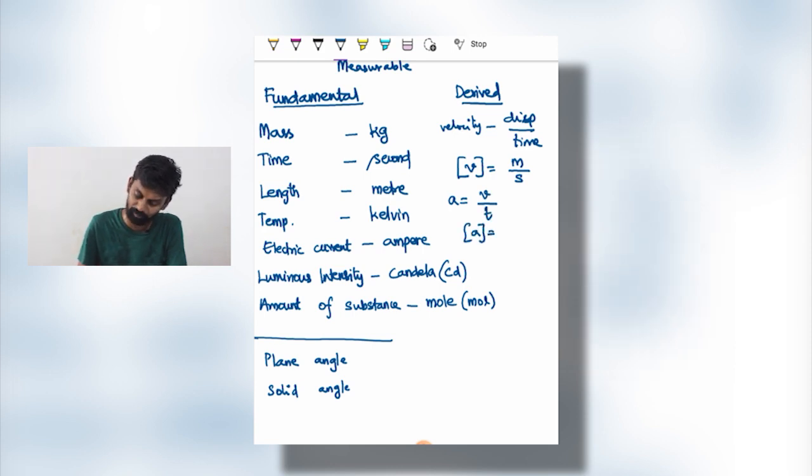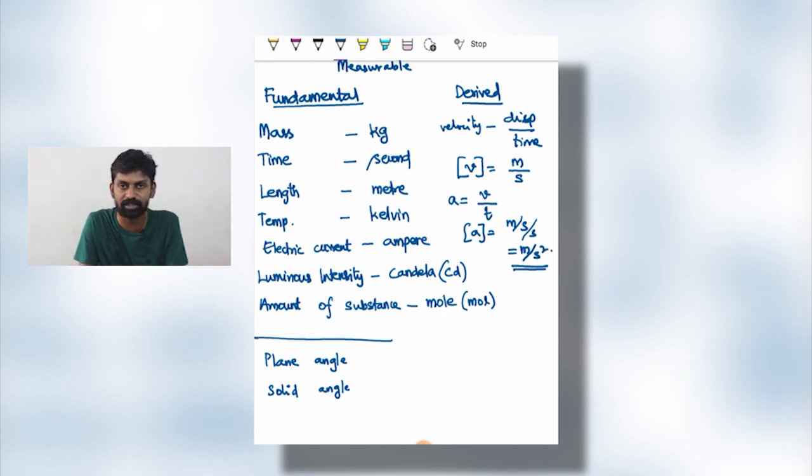Unit of velocity by unit of time, so meter per second divided by second. So, it will be meter per second square. Likewise, force is mass into acceleration. Unit of mass into unit of acceleration: kilogram into meter per second square. This kg meter per second square is named after our famous scientist Newton. So, this is about different types of units.